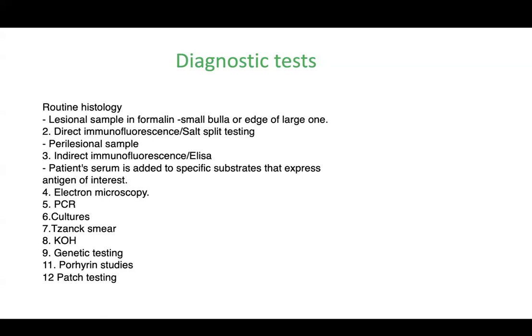We also can do PCR for infectious etiology, like for herpes simplex type 1, and to diagnose shingles. And we also can do culture if we are suspecting, for example, a bacterial one. We can do blood cultures and cultures from the skin. Back to viral, we can do a Tzanck smear for herpes family infection.